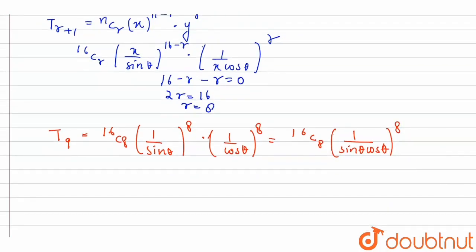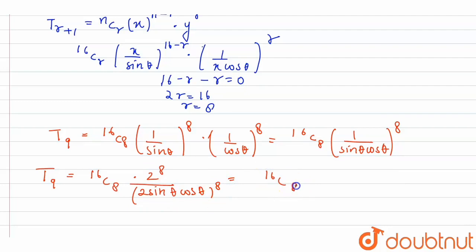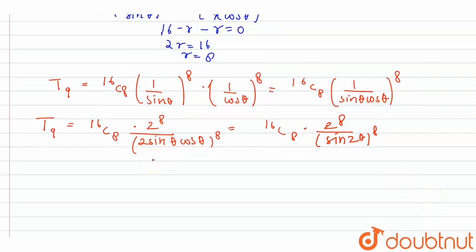Now if we divide and multiply by 2 to the power 8 in the numerator and denominator, we get T9 is equal to 16C8 into 2 to the power 8 upon (2 sin theta cos theta) to the power 8. So this becomes 16C8 into 2 to the power 8 upon (sin 2 theta) to the power 8. Now this is the final T9.